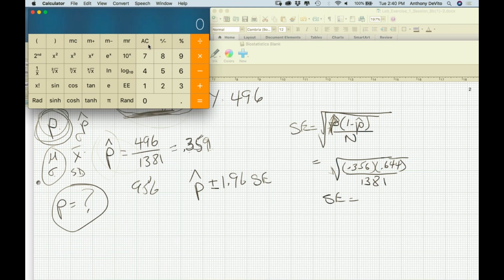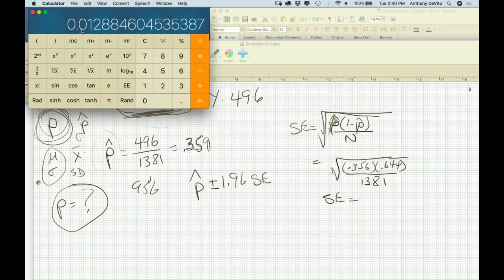Okay, so let's figure this out. 0.356 times 0.644 equals this. Divide that by 1,381. Comes out to this. Looks like a very small number, right? But when we take the square root, it's going to make it a bigger number. Just like multiplying 0.01 times 0.01 gives you 0.0001, a smaller number. Finding the square root of it actually gives you a bigger number.